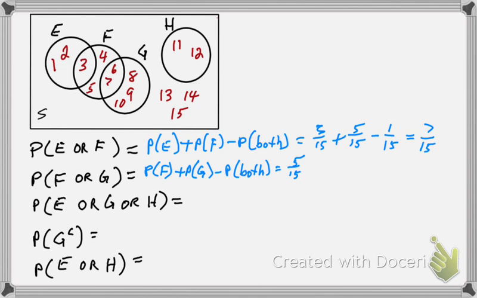G is 5/15. Both, 2. So 8/15 is the probability of getting, I reach in there and draw a number out. If I do that thousands of times, 8/15 of the time, I'm going to get something out of F or G.